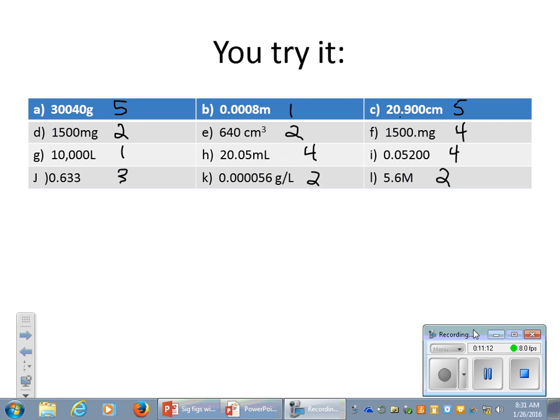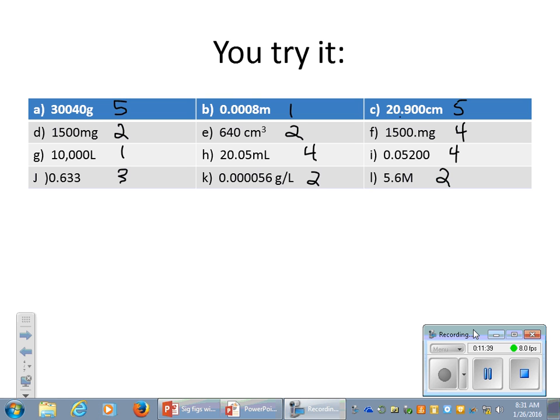Letter D, we have trailing zeros without a decimal place, so those zeros are insignificant. Letter E, same rule. Trailing zero, no decimal place, insignificant. Letter F, 2 trailing zeros, but there's a decimal place, so those zeros are significant. Letter G, trailing zeros with no decimal place, the zeros are insignificant.